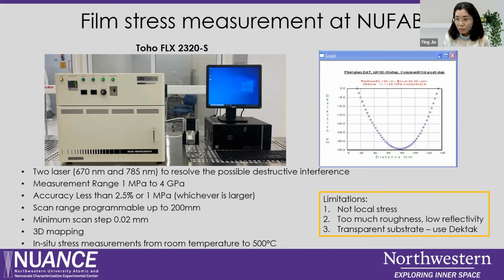I have a question in the chat. Is there a way to add a certain parameter like electrical potential or temperature? Do you mean add the parameter to the system or to the film?